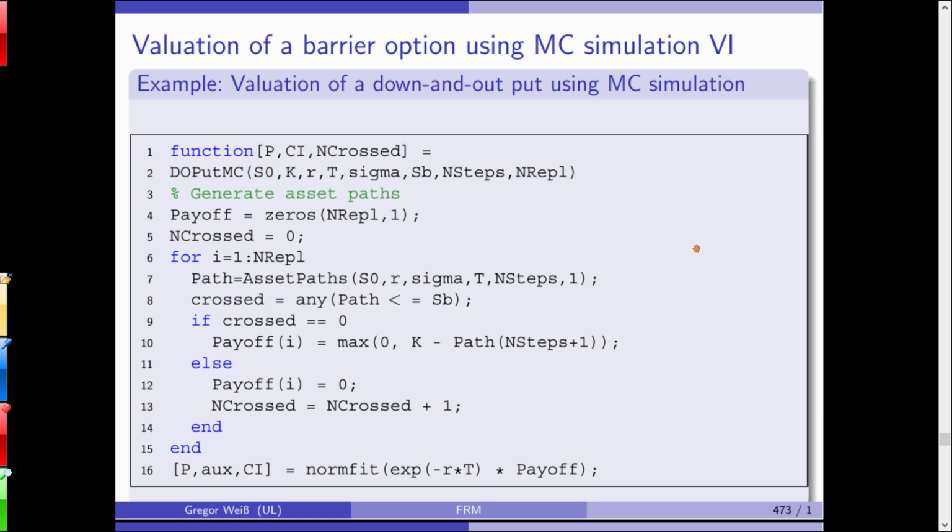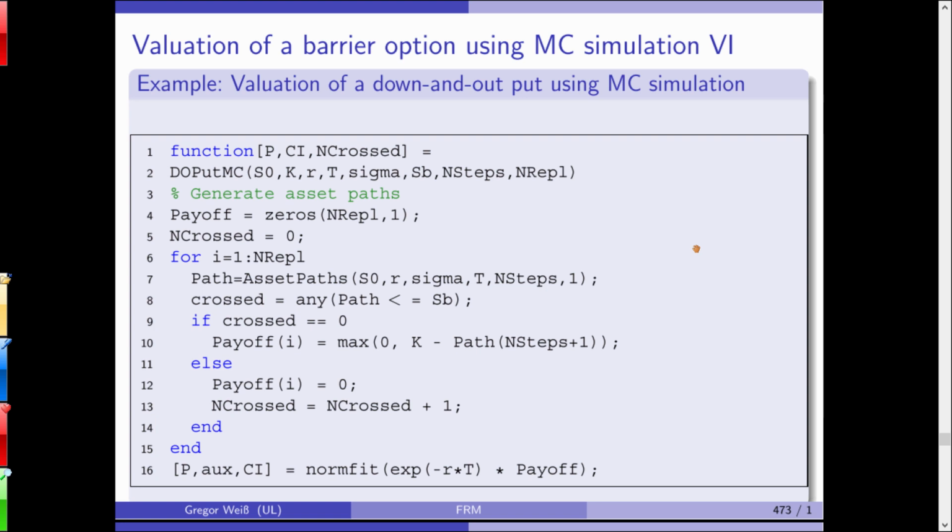And this is done, for example, in lines 9 through 13. If crossed is equal to 0, payoff i is the maximum, and so on. Else payoff is 0, and N cross jumps to N cross plus 1. Or actually, no, this is N cross.